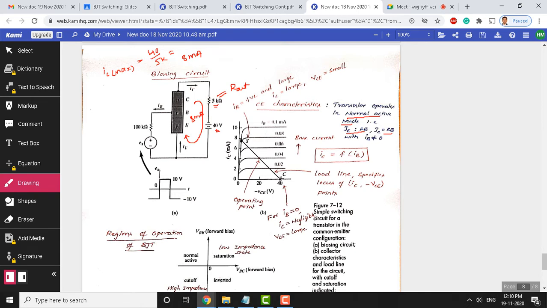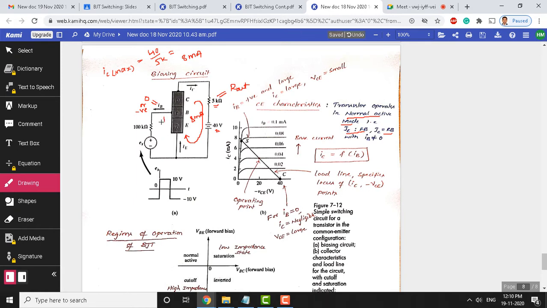When base current is 0, let us see what the voltage at the collector is going to be. So we make the base current 0 or negative. Negative means we are reverse biasing this emitter-base junction.